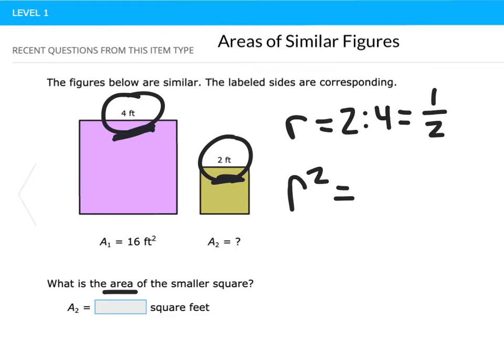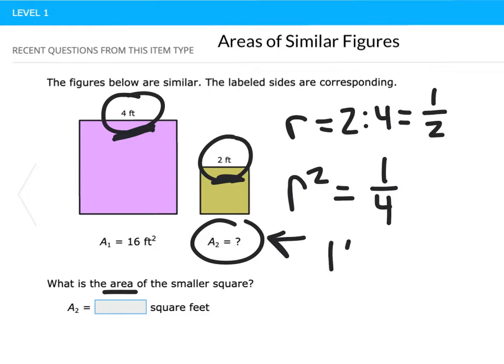So when we want to figure out the area of the smaller square, first we want to figure out the ratio of the areas, r squared. So r squared down here is going to be 1/2 times 1/2. That's 1/4. And now we know that the small square is 1/4 the size in area of the large square.